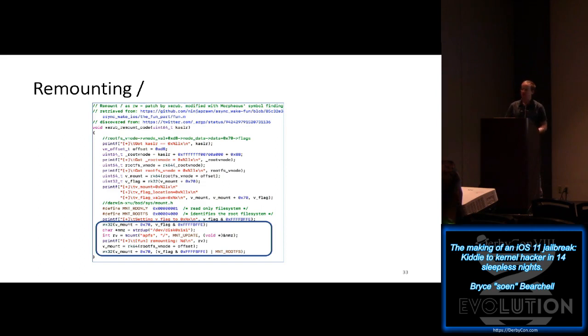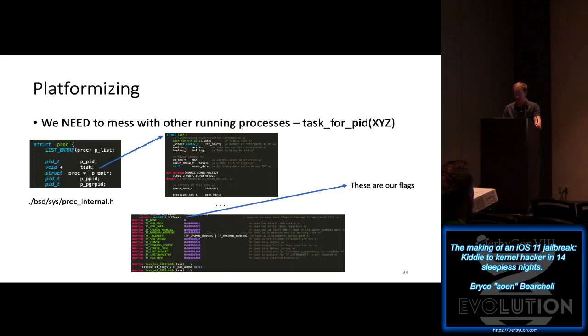I'm not sure the right term for this, but the inverse of 1 is E, and the inverse of 4 is B. So just think of those bits being set. So we just AND that, so we turn them off, we remount the drive, and then we quickly put them back. So, easy enough. All of a sudden, the root drive is now read-write, and we can do whatever we want with the file system, which is dangerous, which is why you should be careful about package installers. They might actually fork your device.